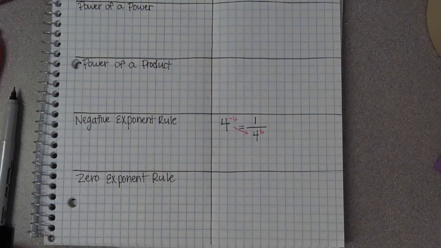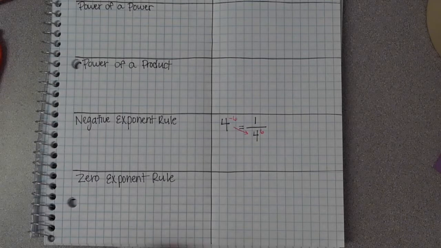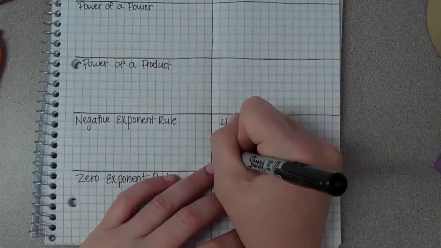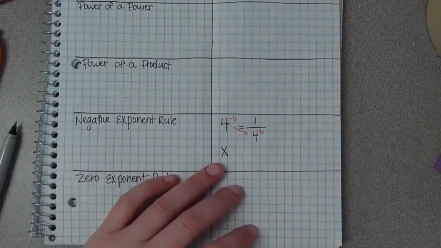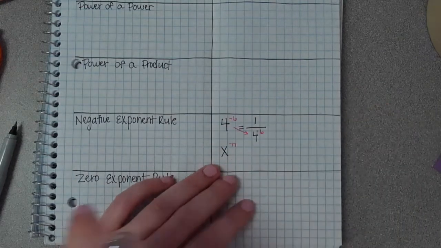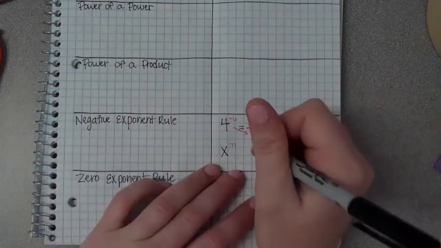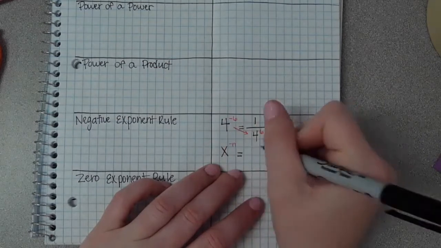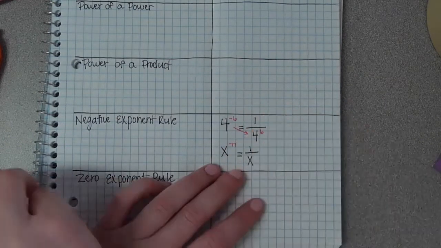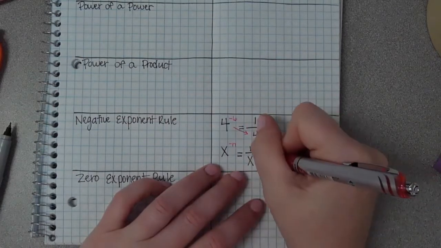Okay, then if we're trying to generalize these and make a rule out of it, if I have x to a negative number, and we're just going to use n for number, then you rewrite it as 1 over x to the n power.